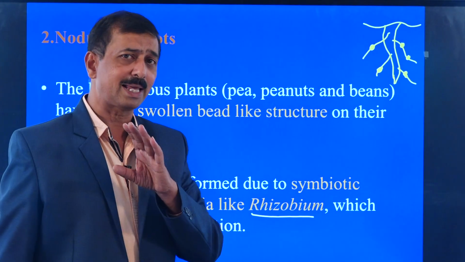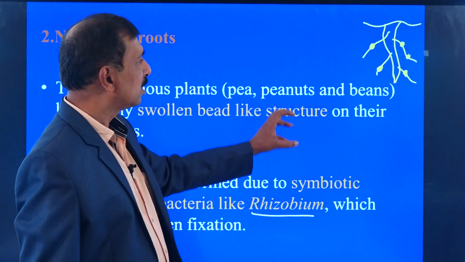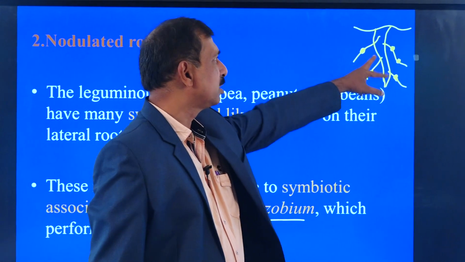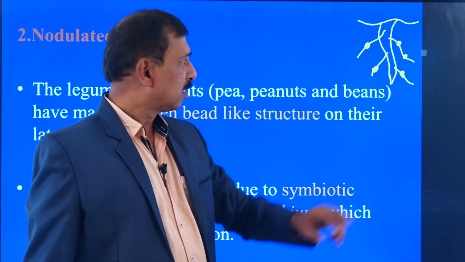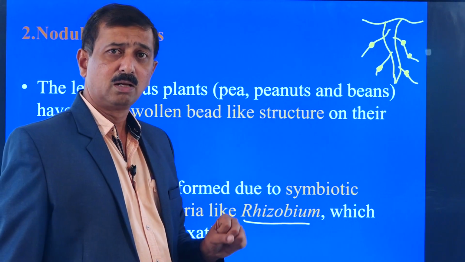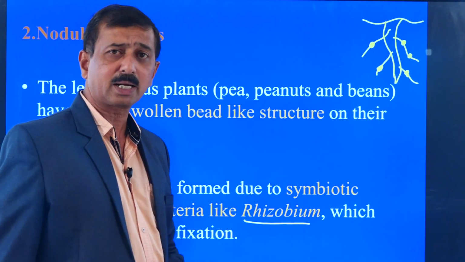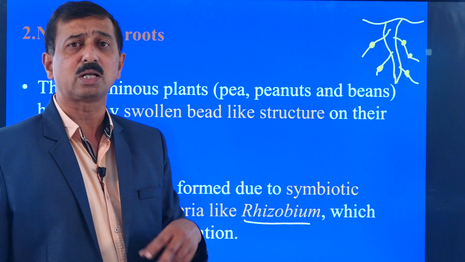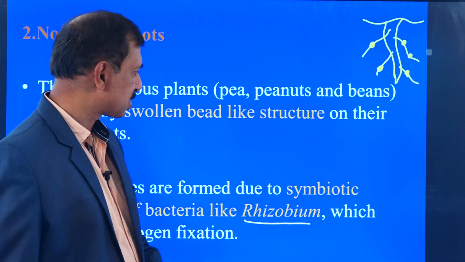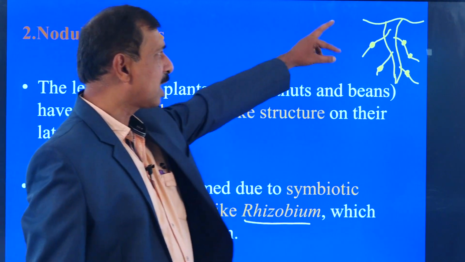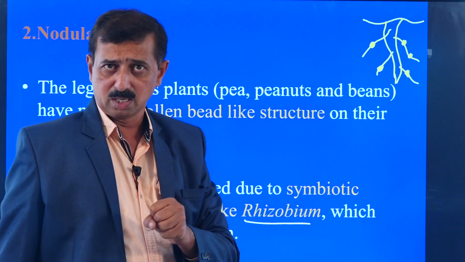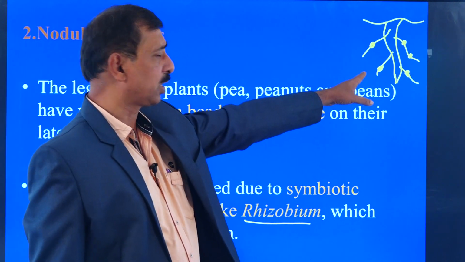In symbiotic relation, the Rhizobium is going to supply atmospheric nitrogen to this plant body, whereas the plant body provides shelter for this Rhizobium bacteria. Hence, there is mutual relationship. Because of this symbiotic association, the Rhizobium inhabits the lateral roots and develops nodules. Hence, such a root is a nodulated root.